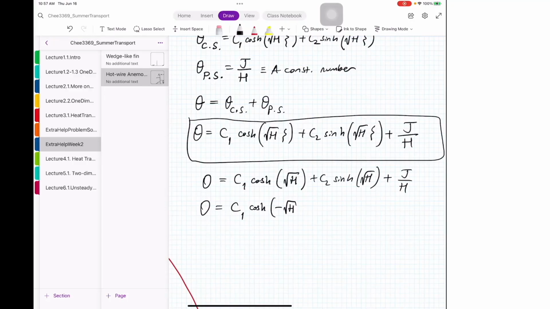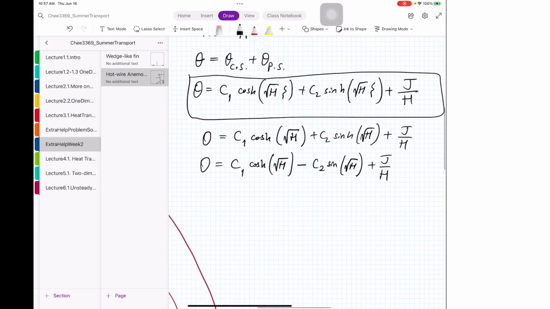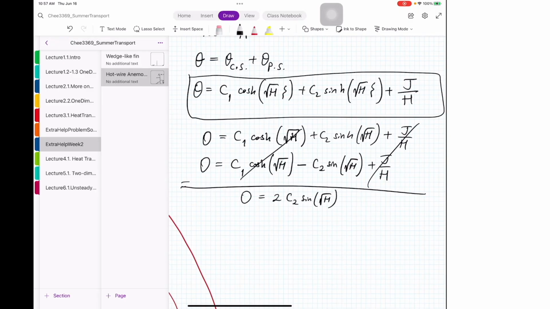But the cosine hyperbolic is an even function, so you can write it as just cosine hyperbolic square root of h. And the sine hyperbolic is an odd function, so you can write it minus C2 sine hyperbolic square root of h plus j over h, right? And if you subtract the 2, you cancel these, and you get 2 C2 sine hyperbolic square root of h is equal to 0. From here, you get C2 is equal to 0.